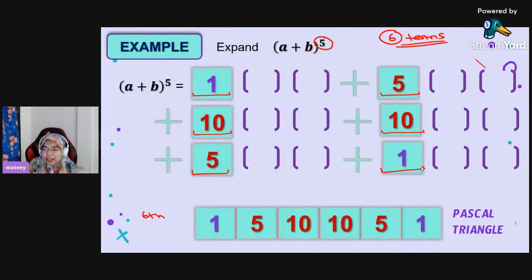One by one, make sure you write down the coefficients in the correct order: 1, 5, 10, 10, 5, 1.